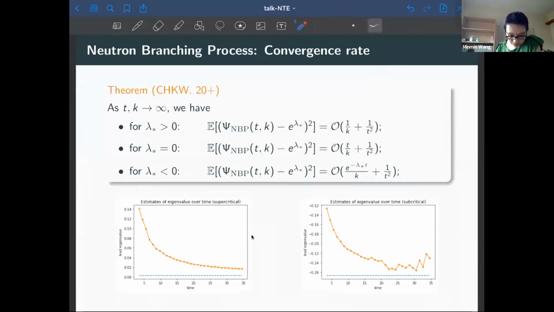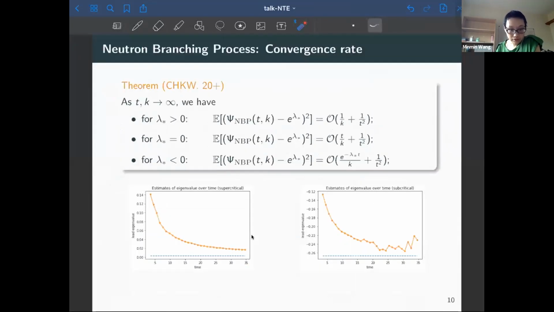So this is kind of shown in the picture here. In the picture on the left-hand side, this is a supercritical case, and the worst scenario happens in the subcritical case, which is not surprising because in that case, your system dies out very quickly.